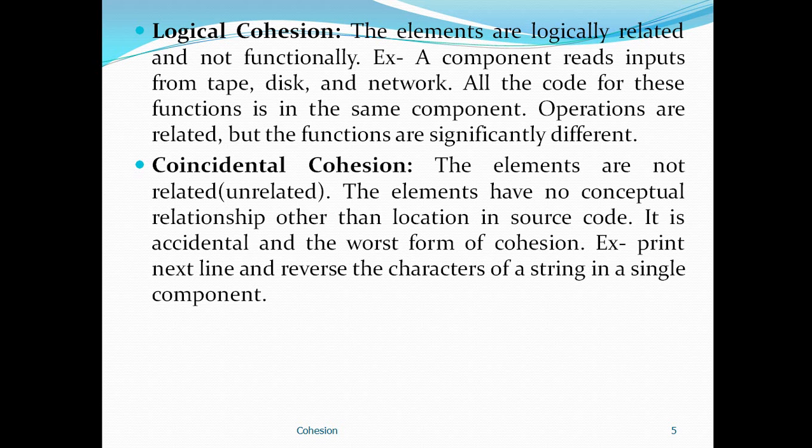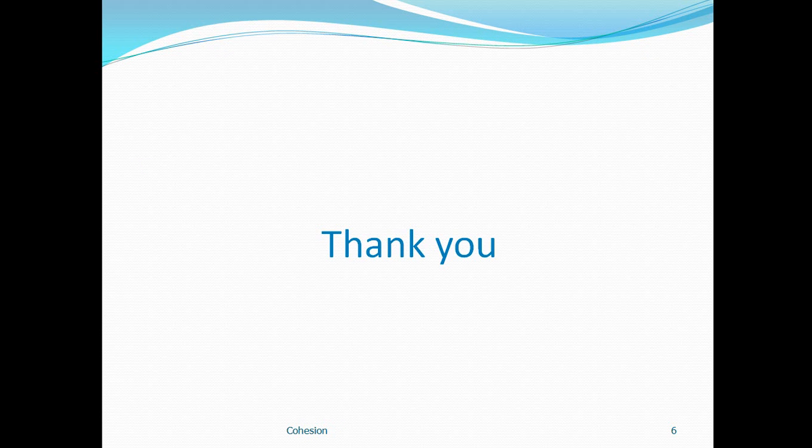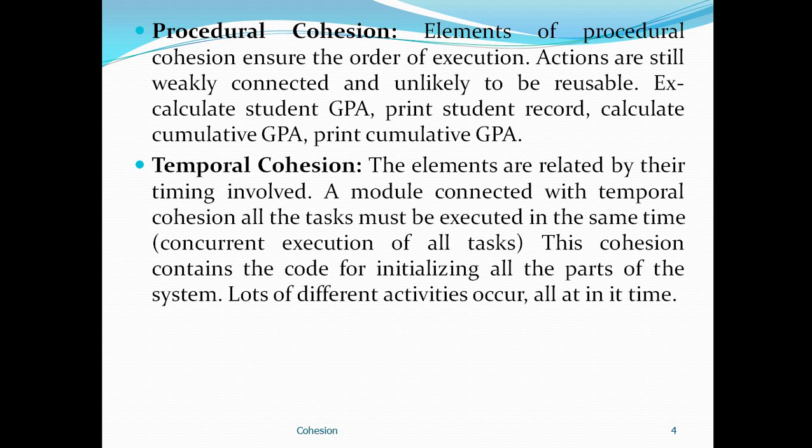That ought not to be permitted in coincidental cohesion. Similarly, if you are reading data in ascending order and printing data in descending order, so in ascending order we are reading the data and in descending order we are printing it, such types of cohesion are known as coincidental cohesion and are not permitted this way.